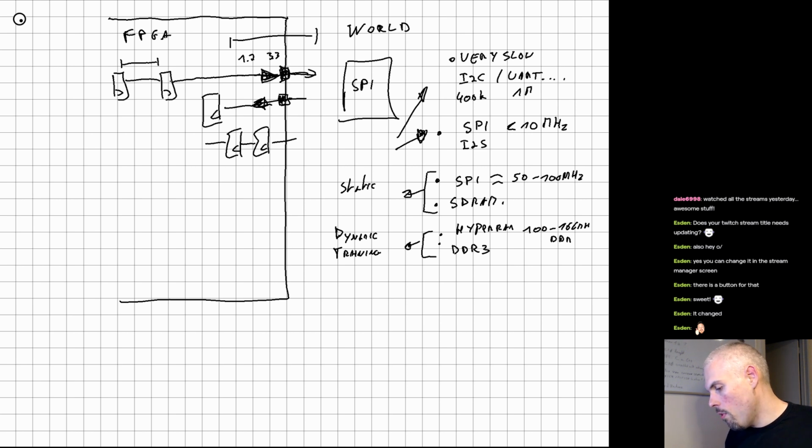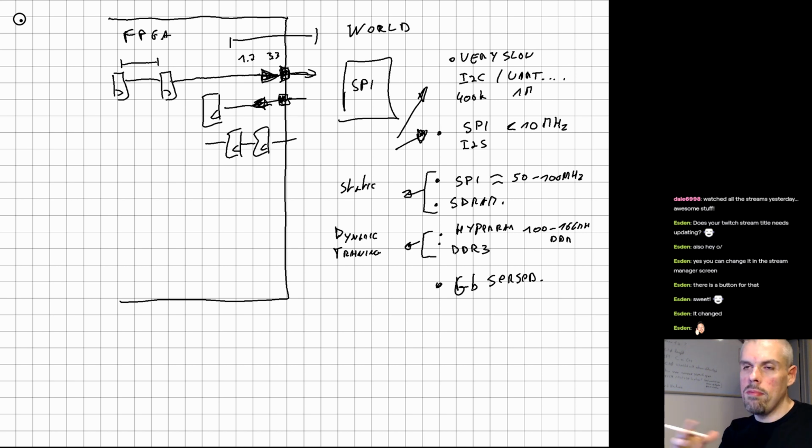Okay, I said there were 4 categories, and there is actually a 5th one, which is all the gigabit stuff, like SATA, PCI Express, USB 3. You don't necessarily have a clock signal transferred along with the data.